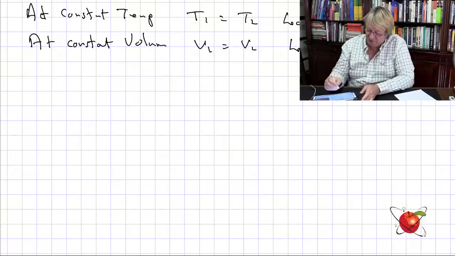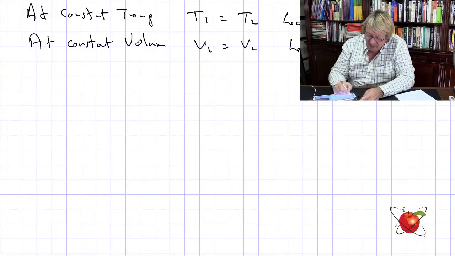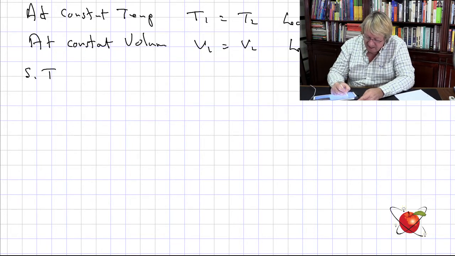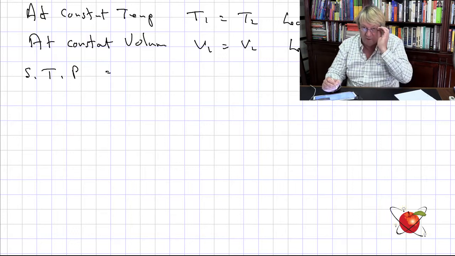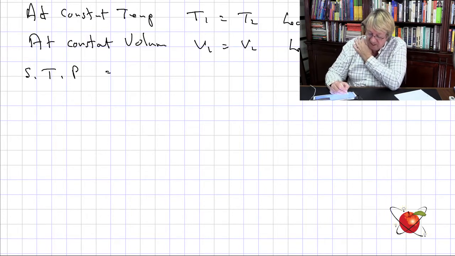Now the last bit we have to talk about with regard to this is standard temperature and pressure. I'm pretty sure they're given, but let's just look at it. STP is very important in what we're going to talk about a little bit further on in chemistry.